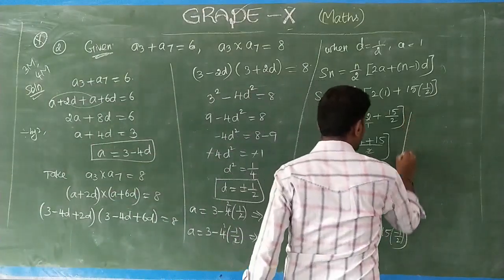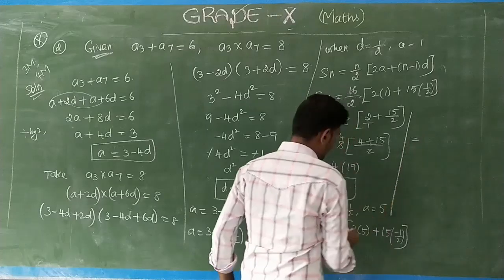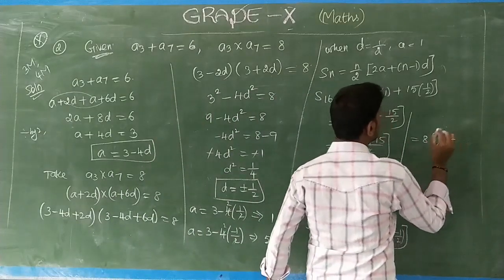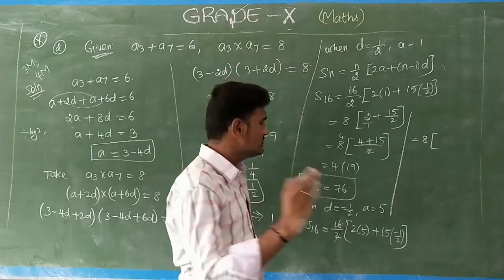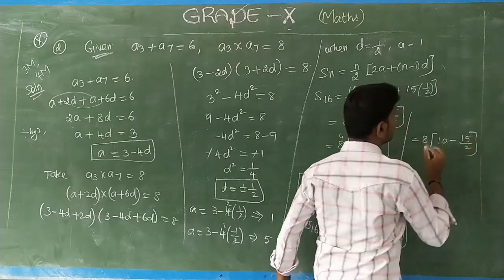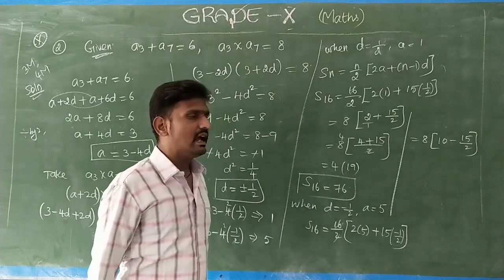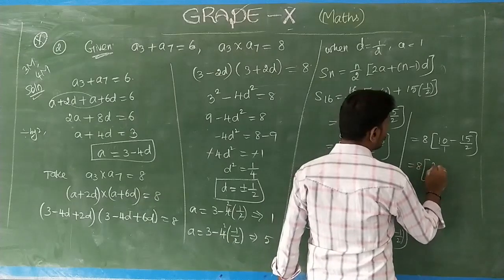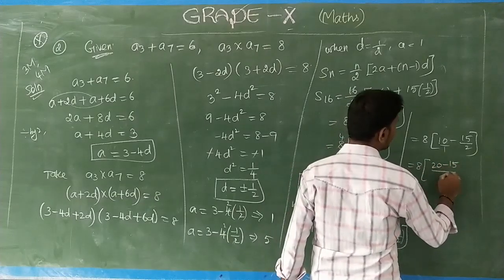Now the simplification, the same: 1 2s are 2, 8 2s are 16. So 8 into 5 2s are 10, so 10 minus 15 by 2. Now taking a cross multiplication in the bracket to get 8 into 20 minus 15 by 2.